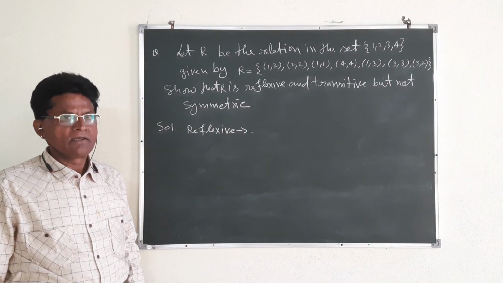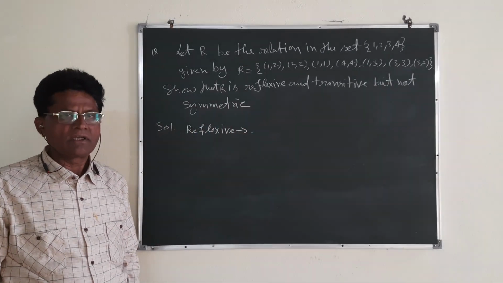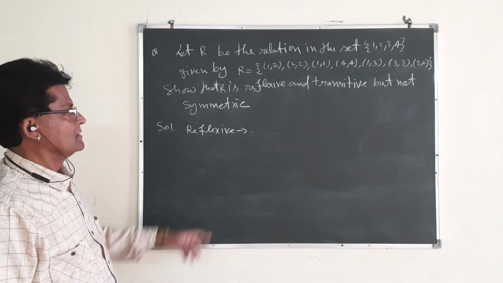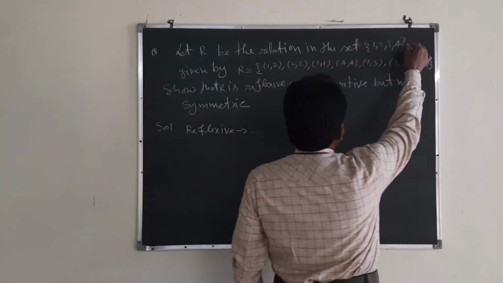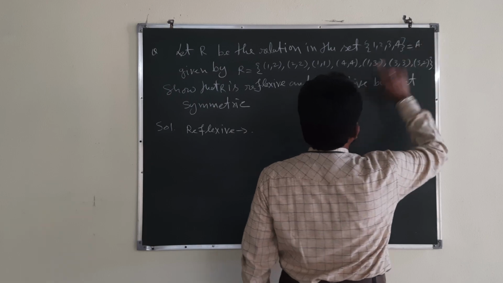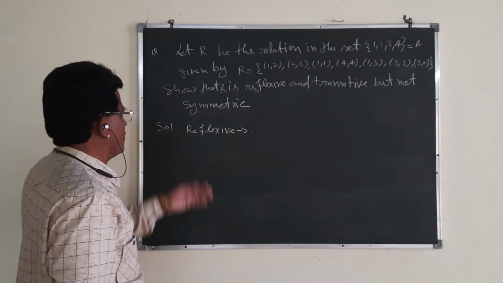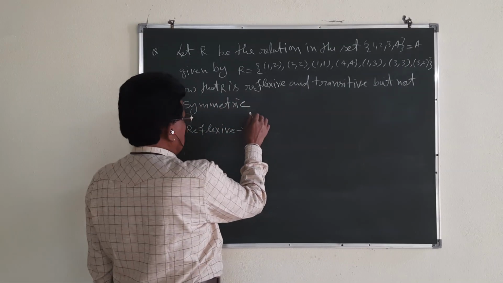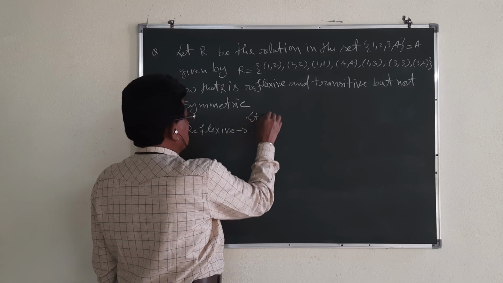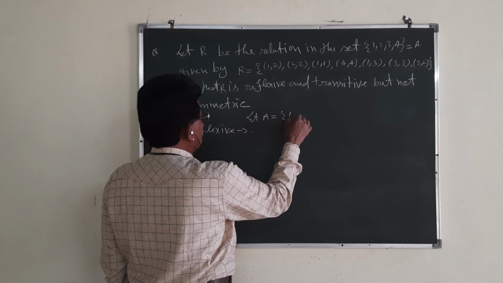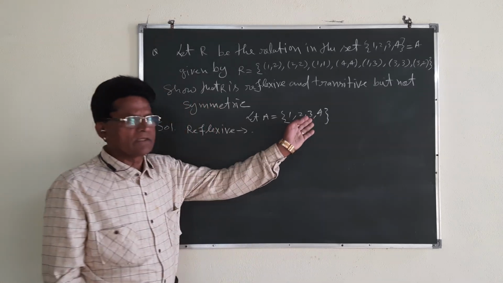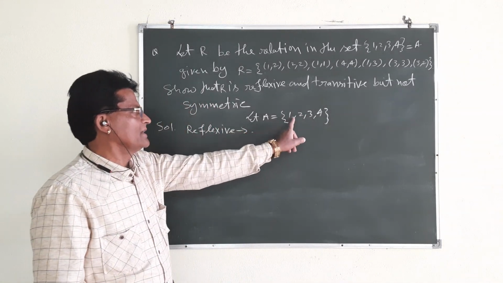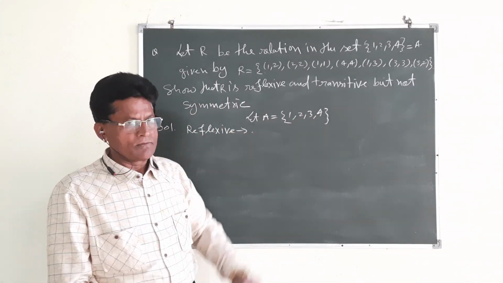This is the set which earlier we denoted by A. Here also we will denote it by A. In the question also I am just going to mention this is set A, that is, 1, 2, 3 and 4.